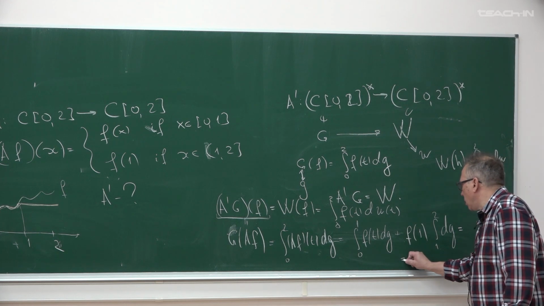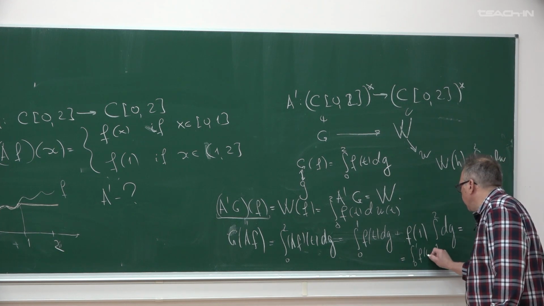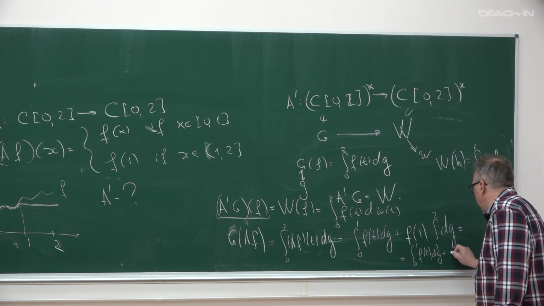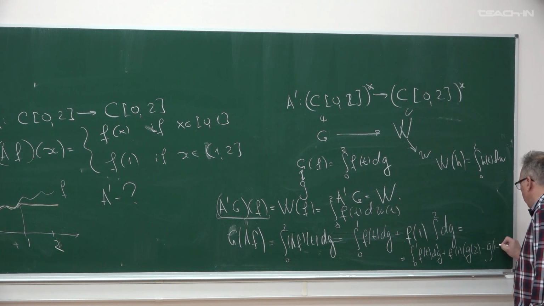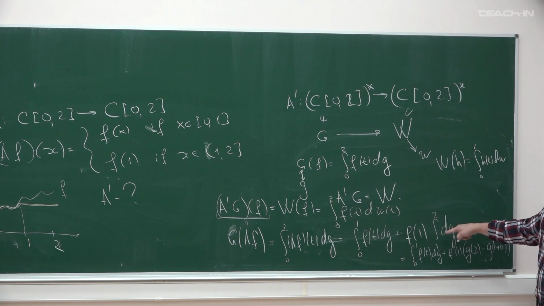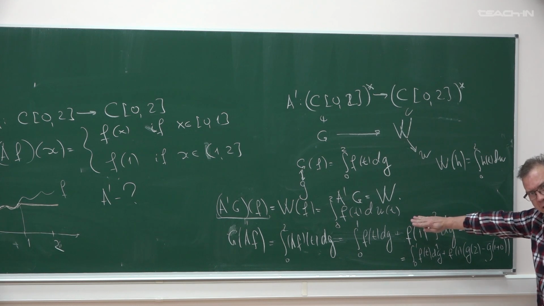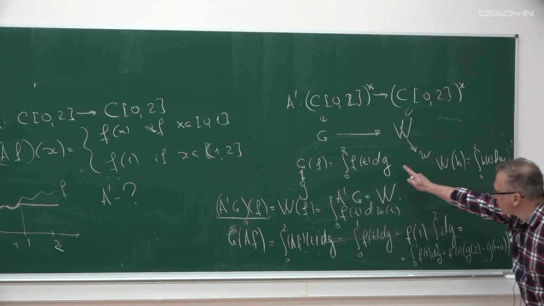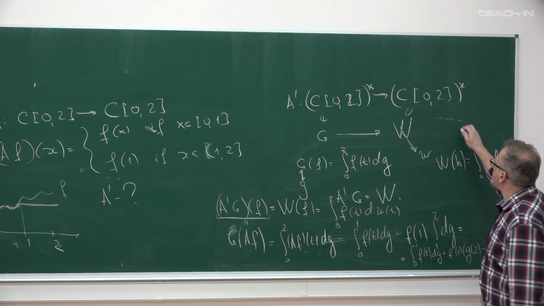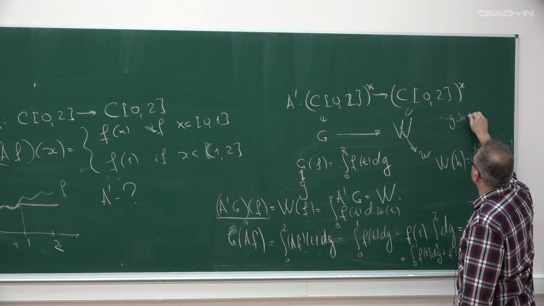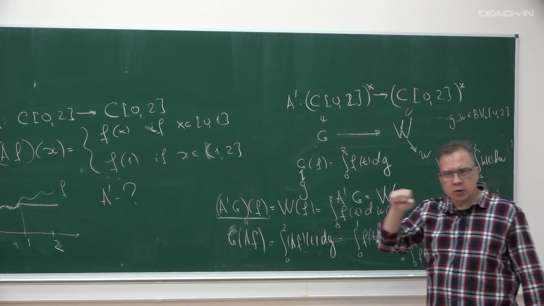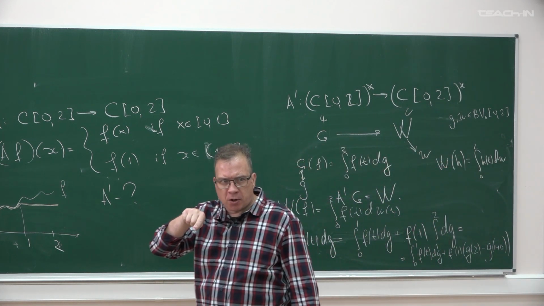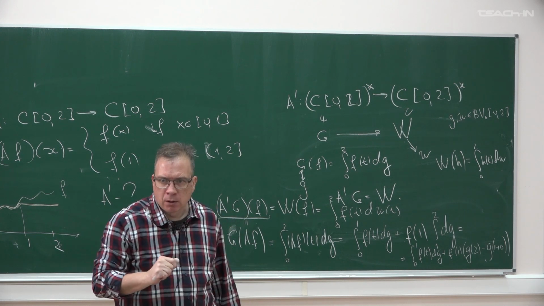And now what can you write? I remind you we integrate on the interval from 1 to 2, so it starts from 1 to the right. We know that our functions g and w are from the space BV0, so they are left continuous at the interior points, but not right continuous.